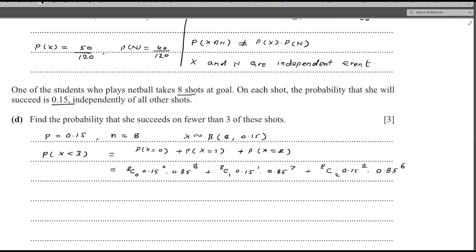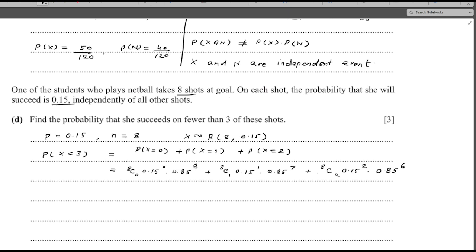Here 8C0 is 1, 0.15 power 0 is 1, so it is 0.85 power 8, plus 8C1 is 8, so plus 8 times 0.15 times 0.85 power 7, plus 8C2.